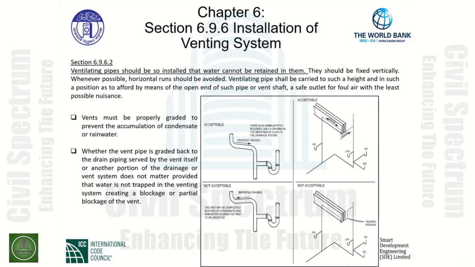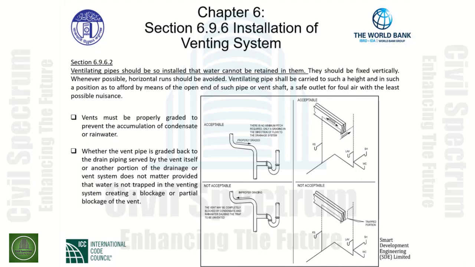In the upper right-hand corner, an acceptable means of running a vent, in this case, above a kitchen sink. This is an individual vent rising vertically. As it is graded up on the beam, we grade the piping downward as it falls down below the beam and is still graded downward, sloping downward in the direction of the vertical vent coming off of the lav.